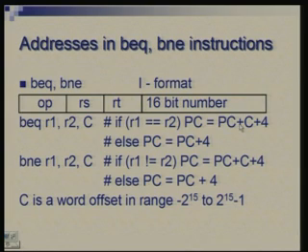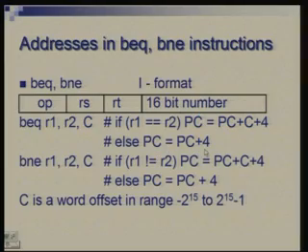There is a subtle reason which is related to the hardware implementation of this, why we are keeping PC plus C plus 4 and why not simply PC plus C. So, it is for some hardware convenience which we will see later. So, for the moment you can just notice that depending upon the outcome of comparison, the next value is either PC plus 4 or PC plus C plus 4. It should actually be PC plus 4 plus 4C, because C is a word offset. The next instruction follows similarly.